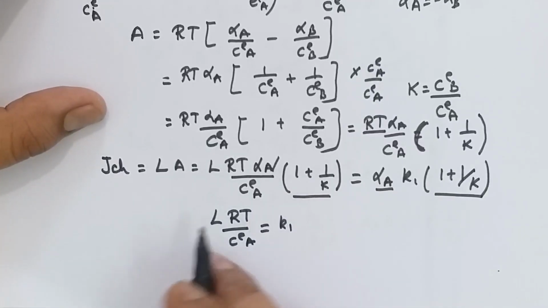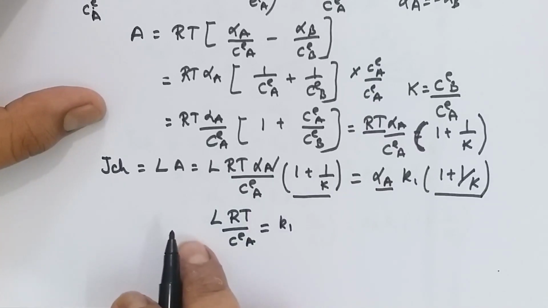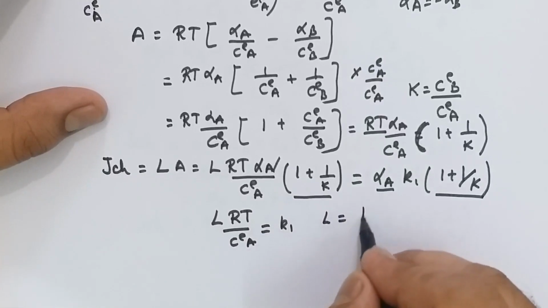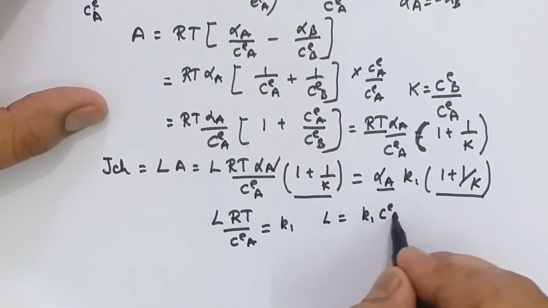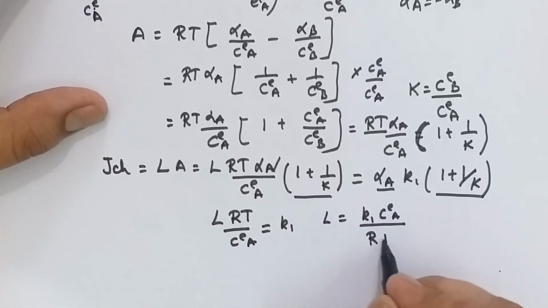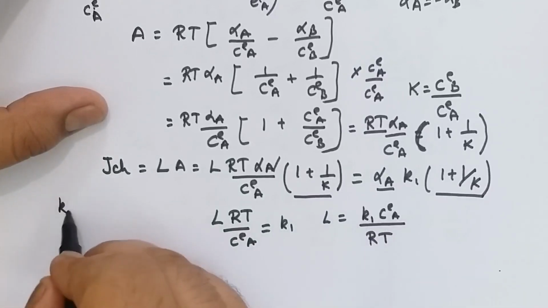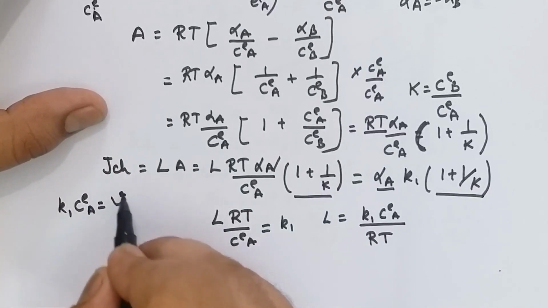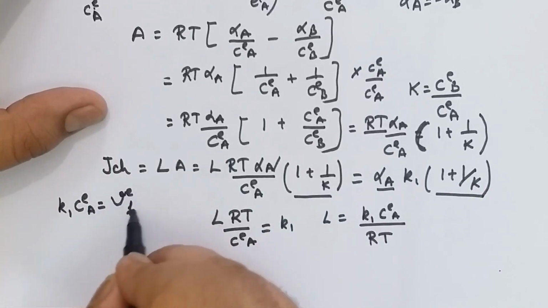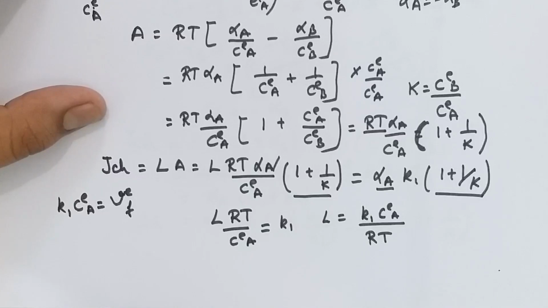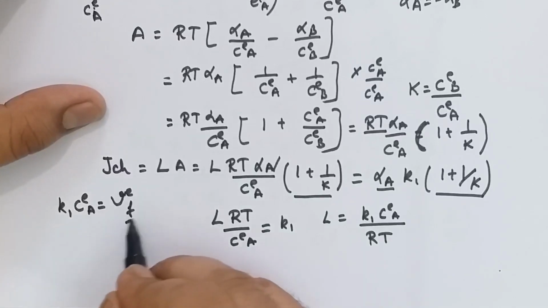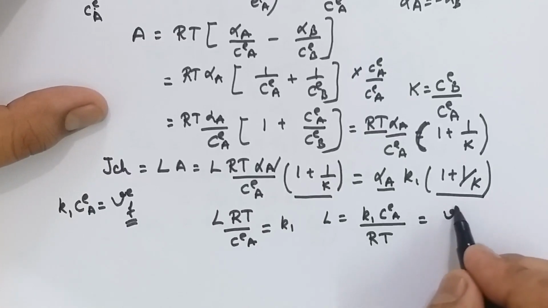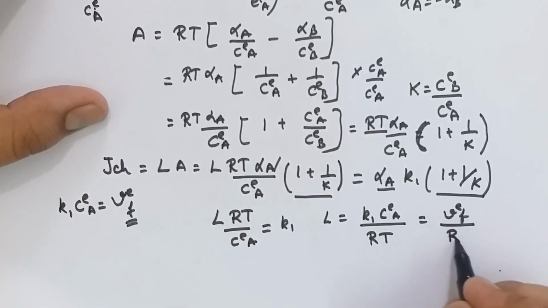We can rearrange this expression in terms of L. So we have L equal to K1 into CeA upon RT, and this K1 into CeA is nothing but mu EF, the rate of forward reaction under equilibrium condition. So over here we can write it as mu EF upon RT.